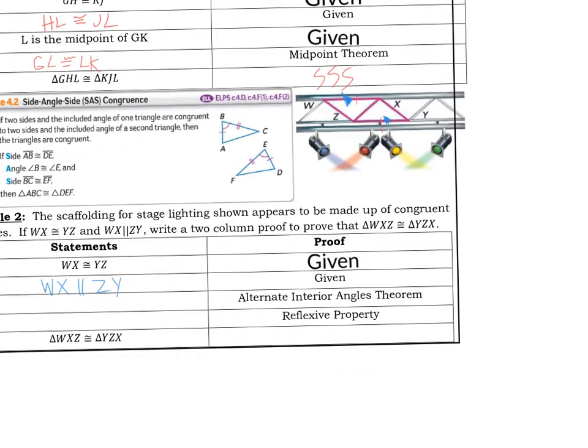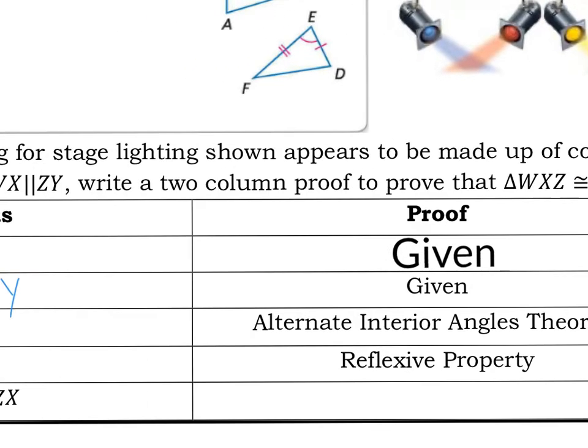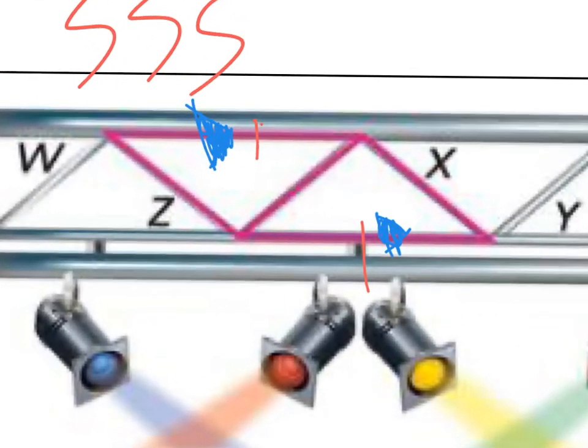Okay, so the next proof says alternate interior angles theorem. So let's see here. We're trying to use side angle side congruency, right? So if this is my side, then this needs to be the angle that comes next, that or this one here.